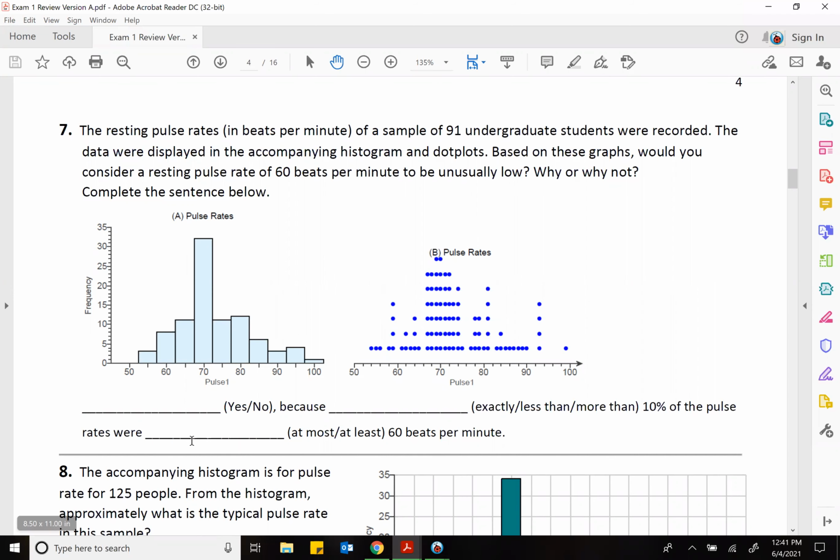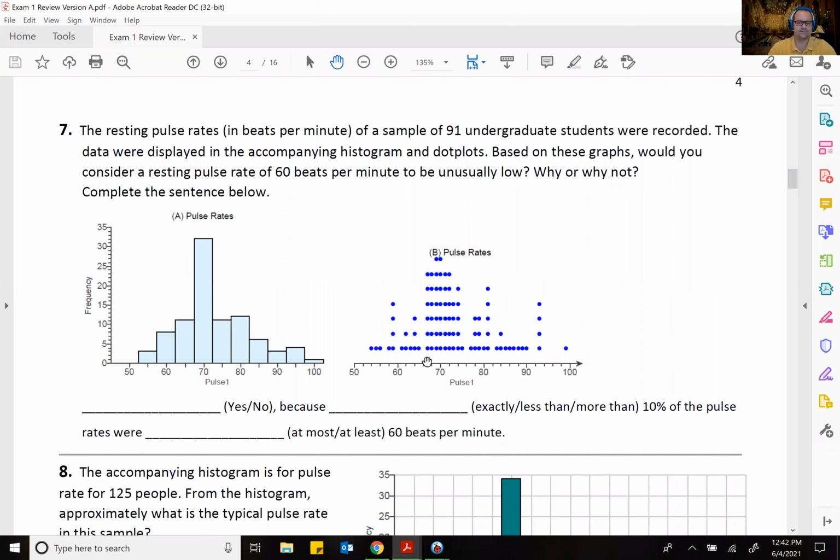And then what would at least mean? At least means you're at 60 or above. So you're talking about everybody down here that is unusual, and you go up to 60, but not past it. So that's an at most. If you were talking about an at least, you would start at 60 and go all the way up to close to 100.